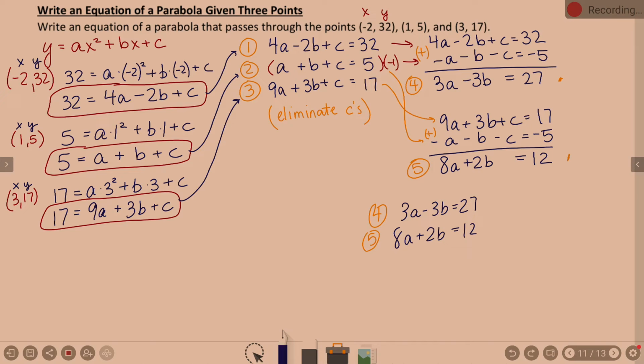Okay. And I would definitely probably eliminate b's here. If we multiply the top by 2, the bottom by 3, we're going to have 6 b's. Does anyone see anything else? Because I'm not saying you have to go this way. I'm perfectly fine if we go 6 b's, because that would be what you guys are used to, right?